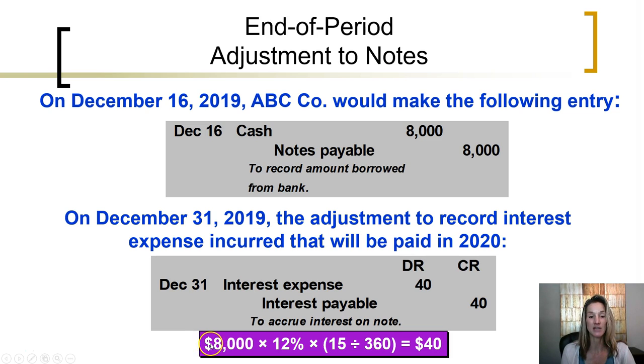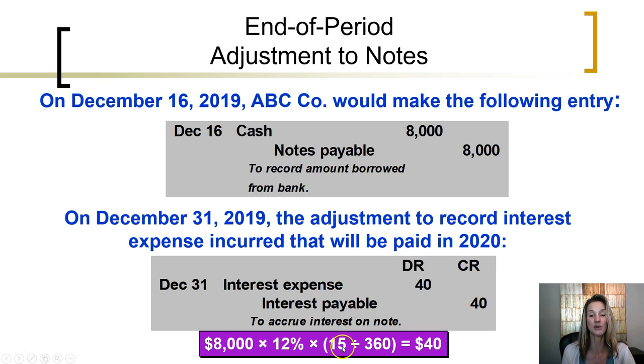To calculate the interest, take the $8,000 face amount of the note times the stated interest rate of 12% times the fraction of the year, 15 days out of 360 days. The 15 days is the 31 days in December minus the date it is issued, December 16th. 31 minus 16 means 15 days have passed on that note.